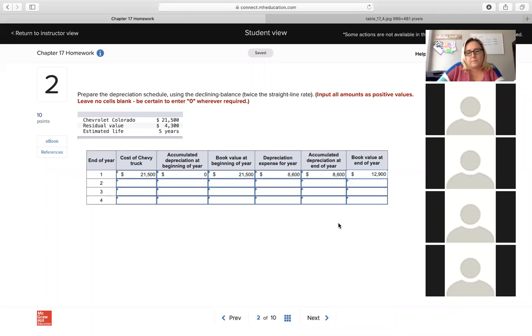$12,900. Year 2, our cost, like I said, never changes. It stays the same no matter what year it is. Accumulated depreciation at the beginning of the year is equal to the accumulated depreciation at the end of the prior year, $8,600. So our book value at the beginning of the year is our cost minus our beginning accumulated depreciation, $12,900, which is also our book value at the end of the prior year. $12,900 is what we want to take 40% of.